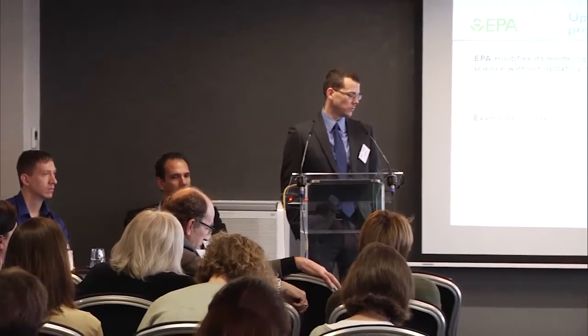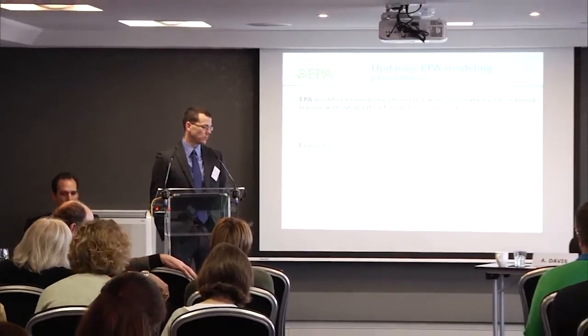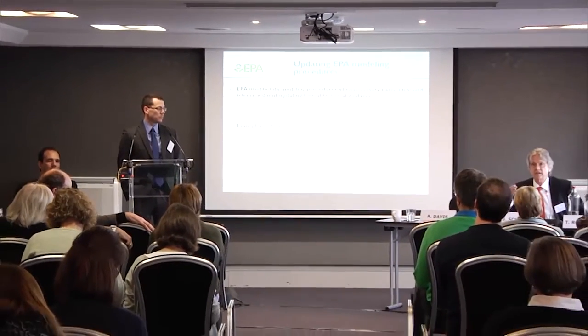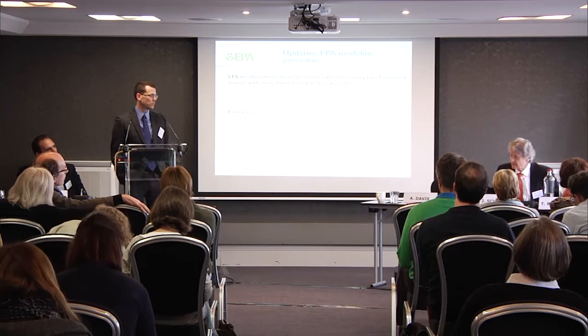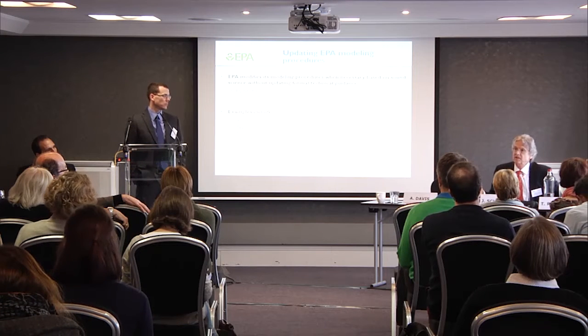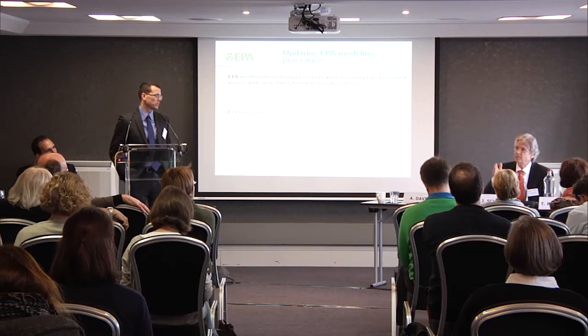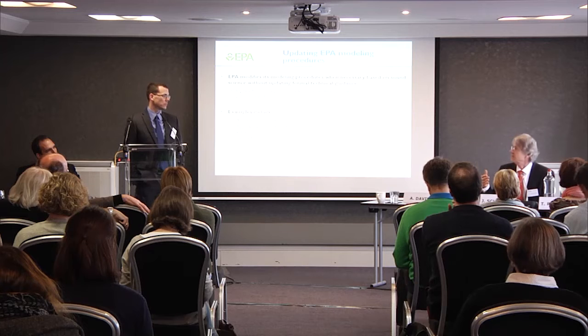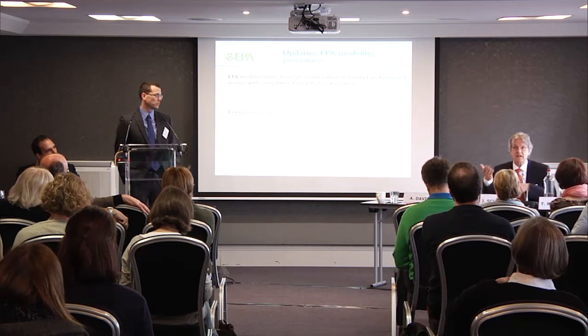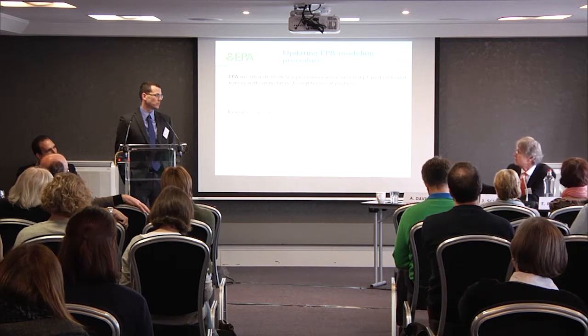I think this question will come back in the general discussion at the end, and I really think this is a key issue and is often leading to different views, because selecting the BMR, even in the wording biologically significant response, does not address whether that biological response is adverse or not. It can be a biologically significant response, which is considered a reactive and adaptive response, or it could be an adverse response.